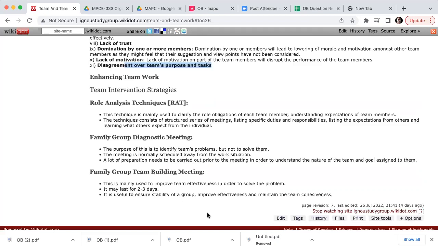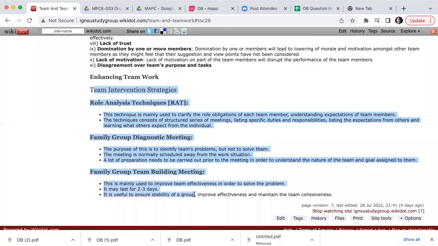So we are talking about interventions, right? There are three types of interventions which are possible. What is an intervention we talked about, right? When something goes wrong, you put up some activity to correct it.